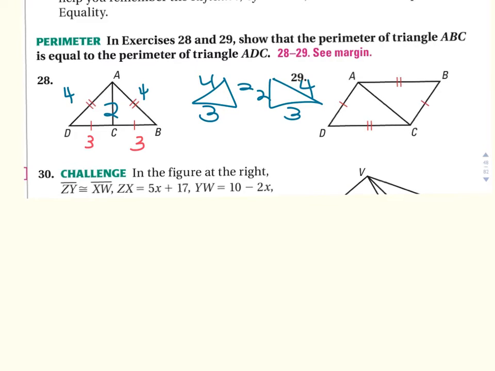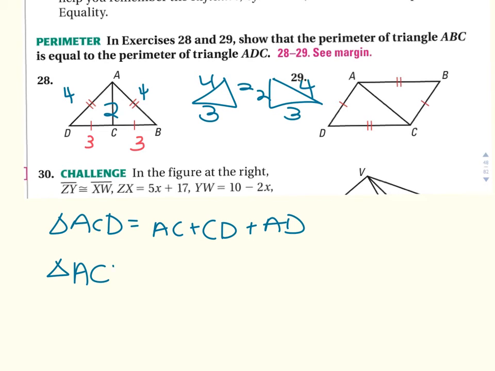And there's no exact science to this, but how would I show the perimeter for triangle ACD if there were no numbers? How do you figure out perimeter? Add up all the sides, right? So I'd say triangle ACD would equal AC plus CD plus AD. And triangle ACB would equal AB plus BC plus AC.